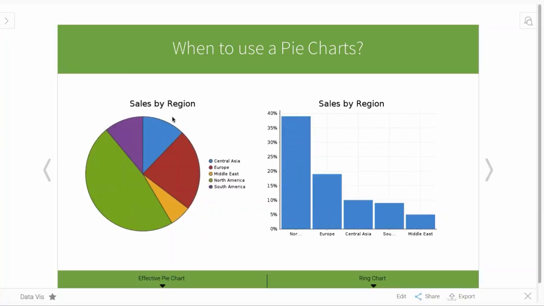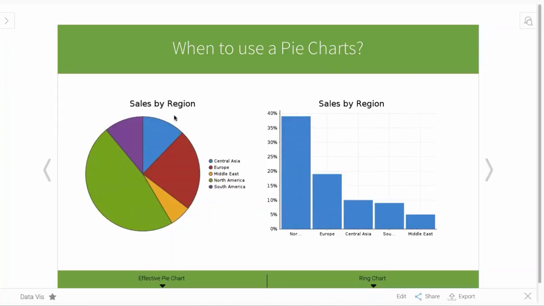So it's very hard to tell which one might be bigger. And pie charts are also bad as your number of categories increases. It becomes a lot harder for you to really understand what this chart's telling us. And all of this comes back to that best practice number one, which is how the data is encoded.